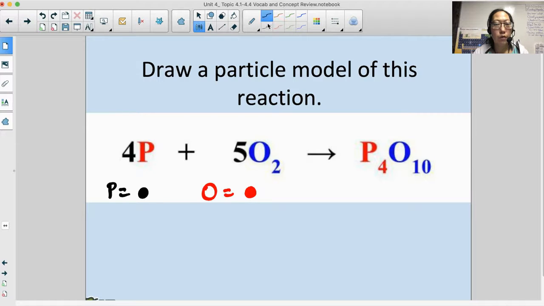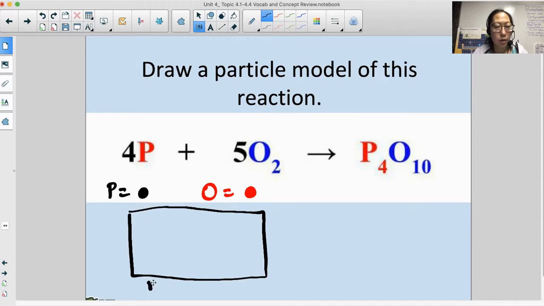Okay, so first for my phosphorus, I want to draw a box for my reactants. Okay, I'm going to label this as reactants. And I'm going to draw one. And it doesn't really say what state of matter they are. Let's just make them all gas. So 1, 2, 3, 4, because there are 4 P's.